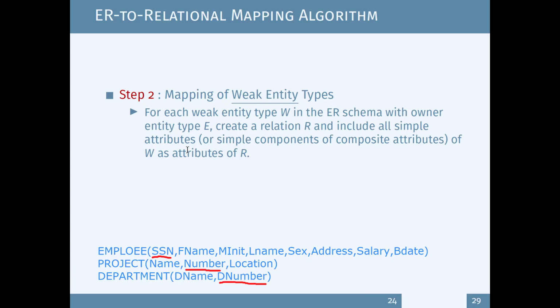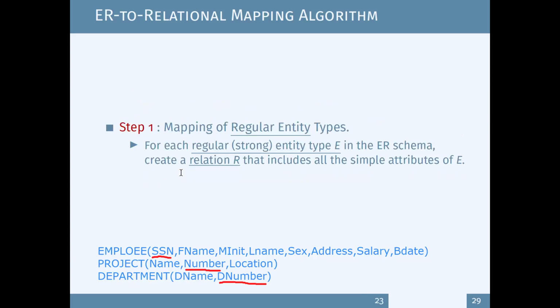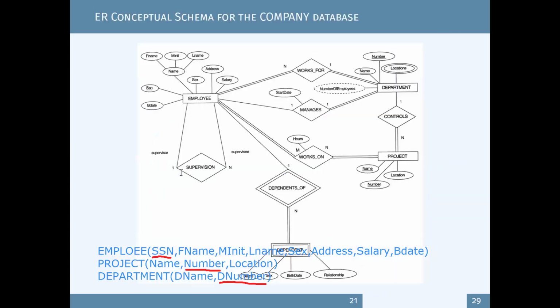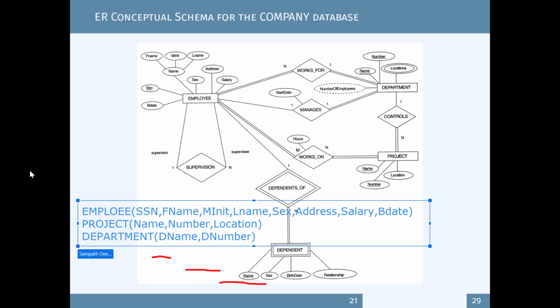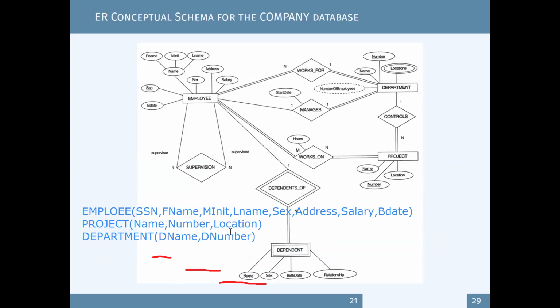Same as previous. So if you go back, weak entity is dependent. We have 4 attributes.